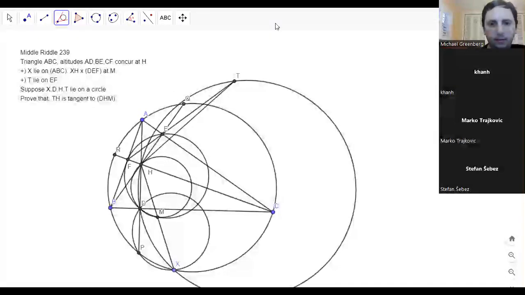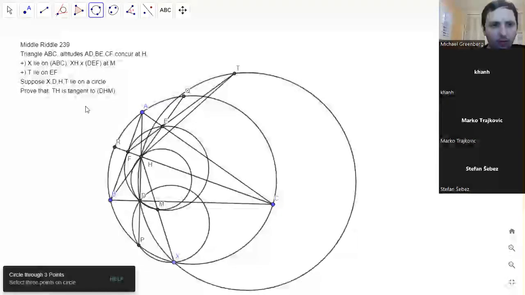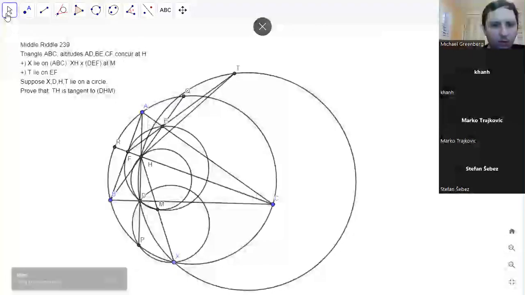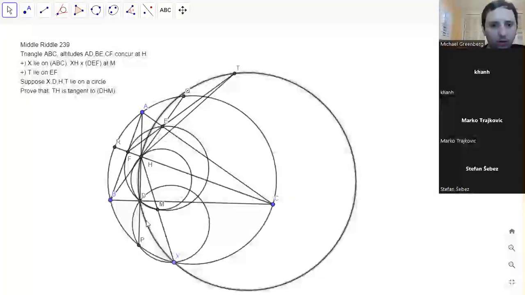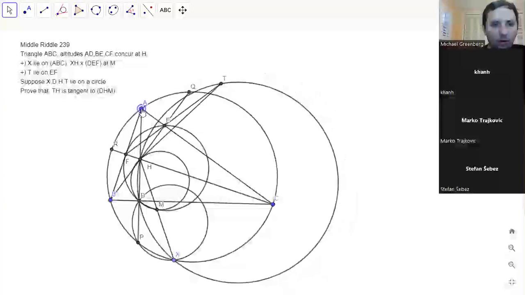Actually, AT passes through the intersection of HDX with ABC. But you mean HDX? This is HDX with ABC. Okay. So okay, so you're saying it passes through this point. Wait, let me read what you wrote one more time. AT.